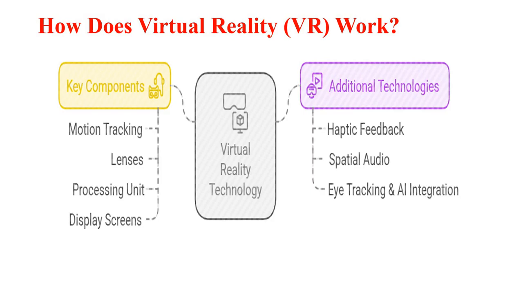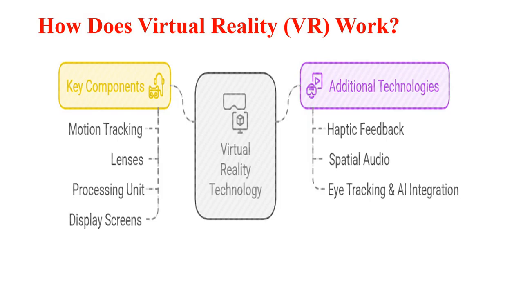Then you have lenses for visual adjustment. These lenses focus and reshape the images displayed on the screen for each eye, and this creates a 3D stereoscopic effect giving depth and realism to the VR world.